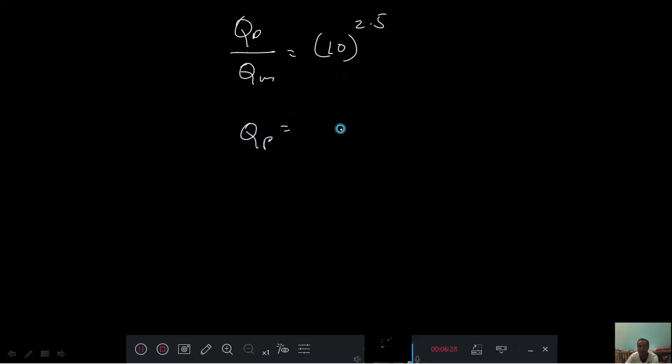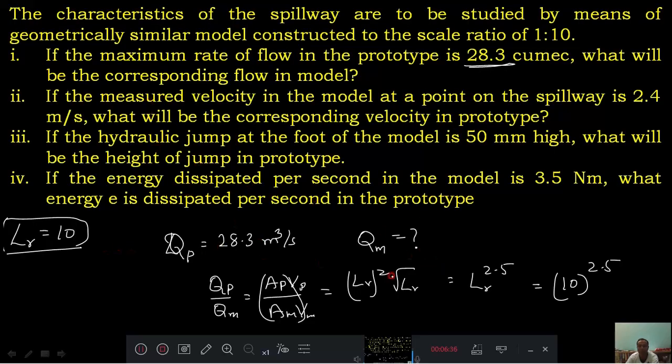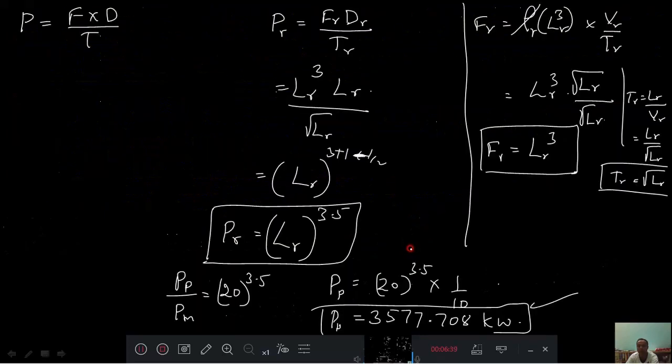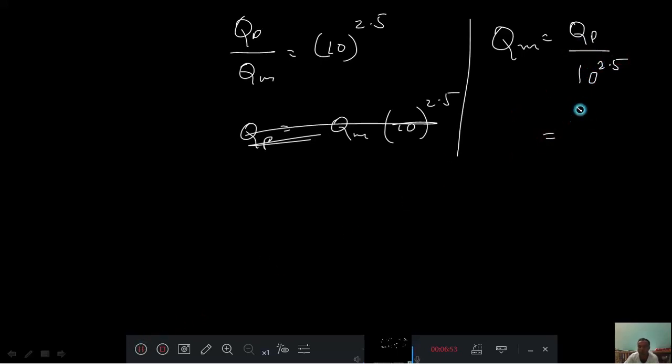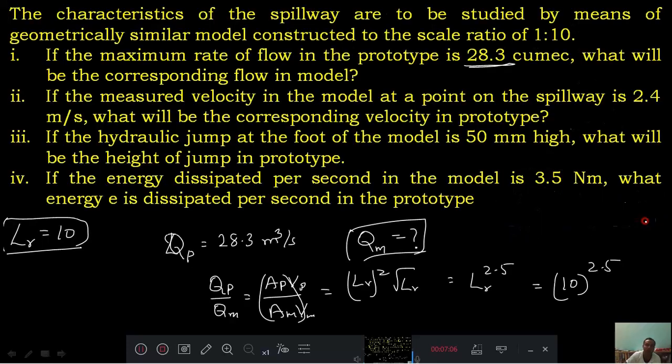Therefore QP is equal to QM into 10 raised to 2.5. What do they want? QM they want. Therefore QM is equal to QP divided by 10 raised to 2.5. This is your answer: 28.3 given, divided by 10 raised to 2.5. The answer is 0.089 meter cube per second, QM. First bit solved.